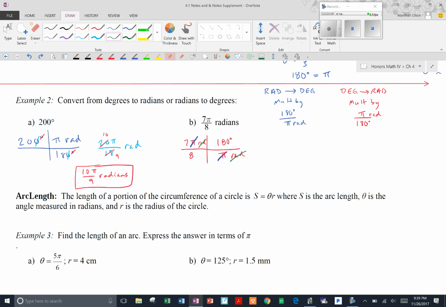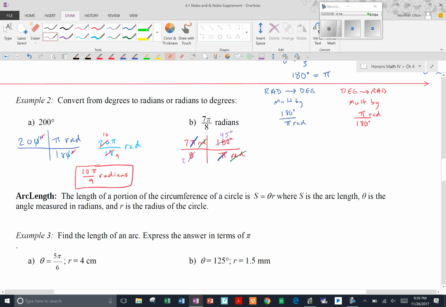We can simplify between the 180 and the 8. 4 goes into both of those. 4 goes into 8 2 times, and 4 goes into 180: if you divide 180 by 2 once, that is 90, divided by 2 again is 45. So we have 45 degrees there.